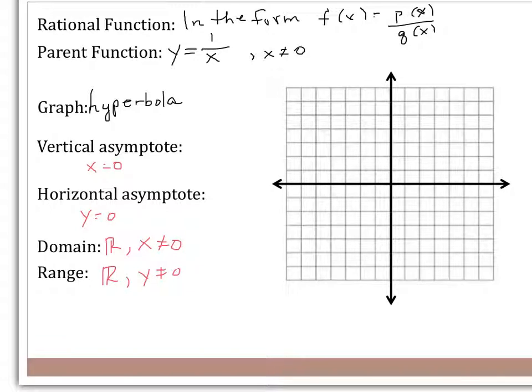When you graph this, you're going to want to pick some points on either side of x equals 0. I'm going to start with putting in my asymptotes. Asymptotes are a guideline for graphing.